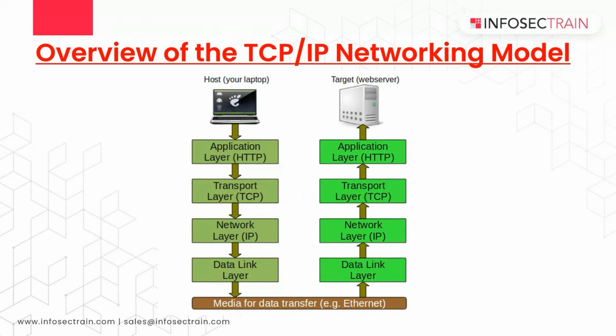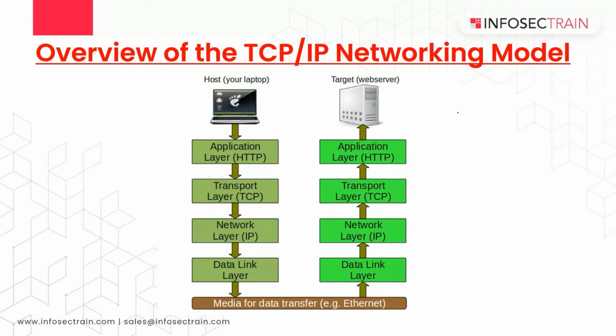The OSI model has 7 layers, the TCP/IP model has 5 layers. Apart from that, why are we not using the OSI model and why are we using the TCP/IP model? Whenever there is a problem in your organization, the OSI model is a blueprint.